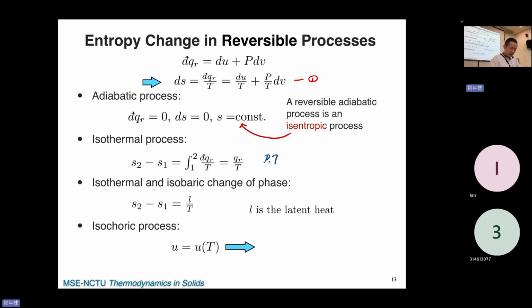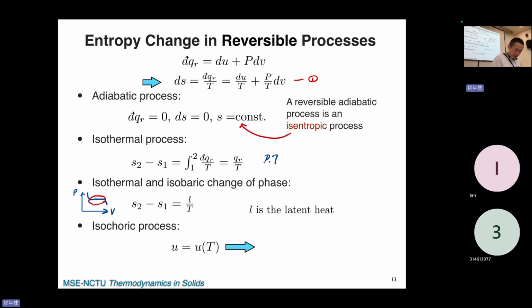We also mentioned that S2 minus S1 equals Q over T. And if something is an isothermal, isobaric change of phase, remember what that is. It is the isotherm with the platform, right? The platform is isobaric, pressure constant, also along the isotherm line.